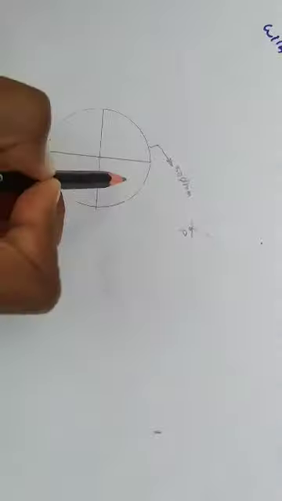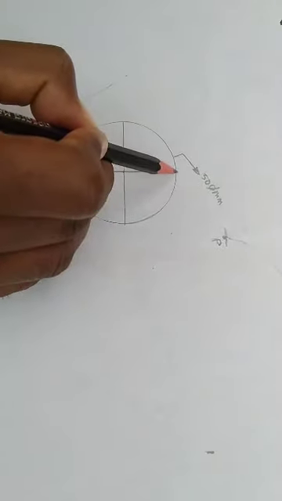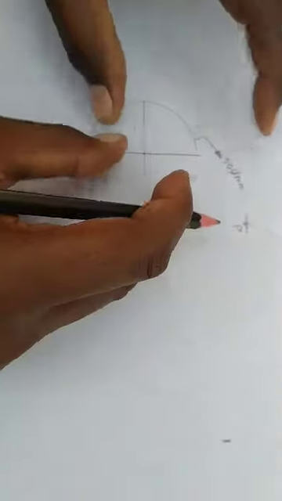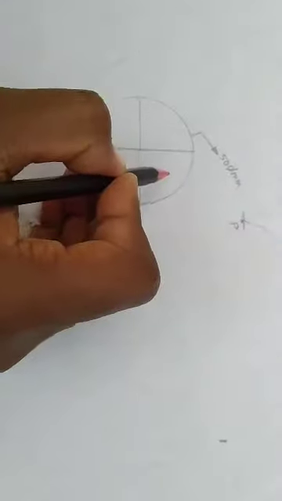For the reference point, we have to divide the circle into 8 or 12 parts. I am dividing it into 8 parts, each 45 degrees.